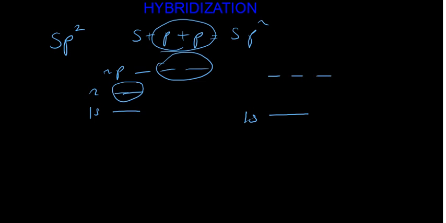So this is sp2, this is also sp2, this is also sp2, like that. So instead of writing them alone like that, we are going to just put sp2 here. But 1 had remained here, so we have remained with 1 2p orbital, like that. So that is the hybridization that occurs.